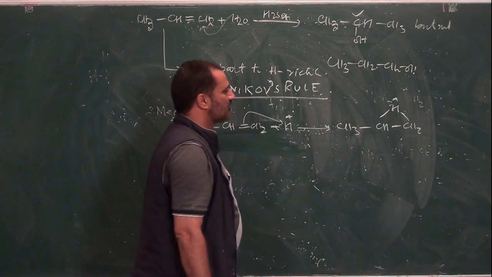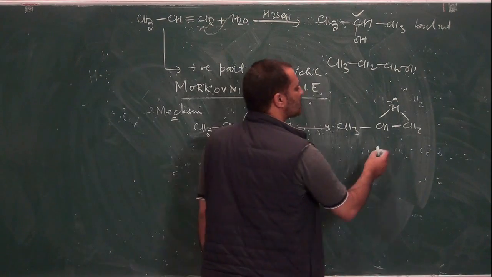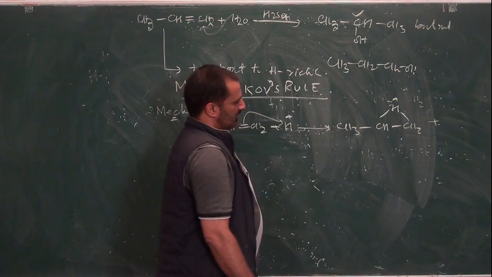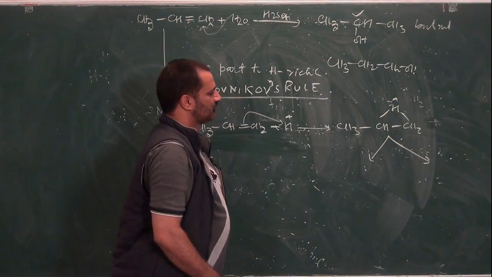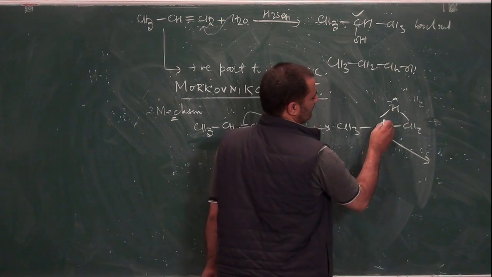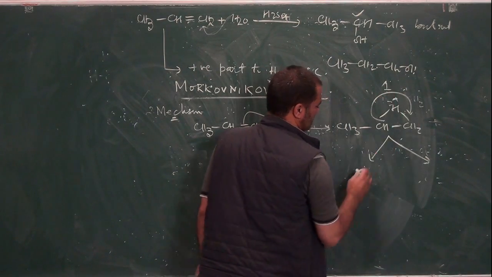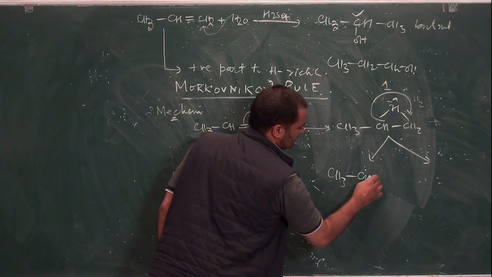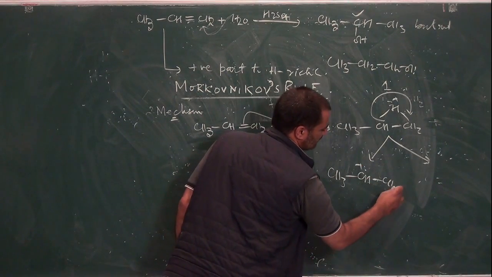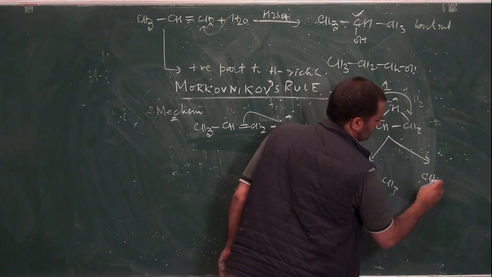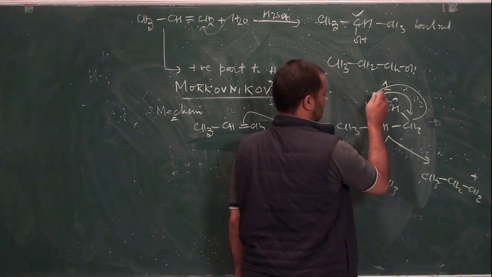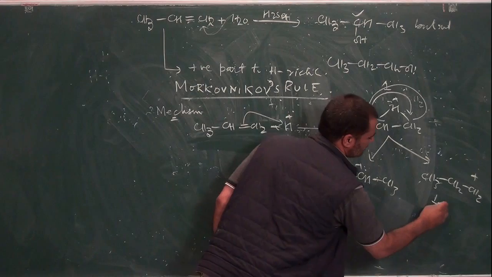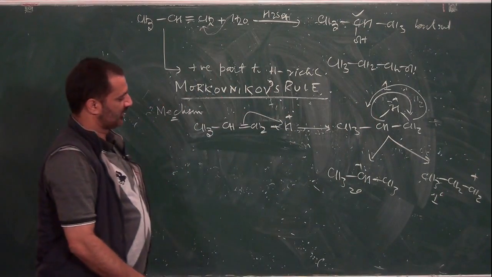Here there is the possibility that two types of carbocations may form. Number one is CH3CH positive CH3, and second is CH3CH2CH2 positive. This is a secondary carbocation and this is a primary carbocation.